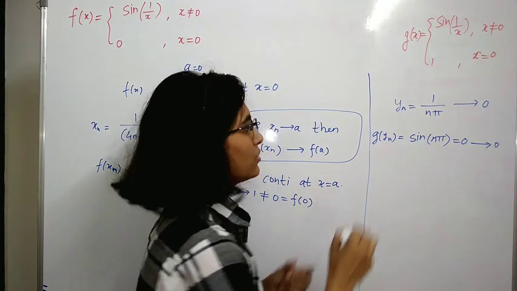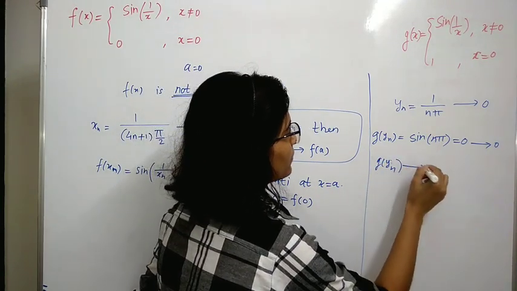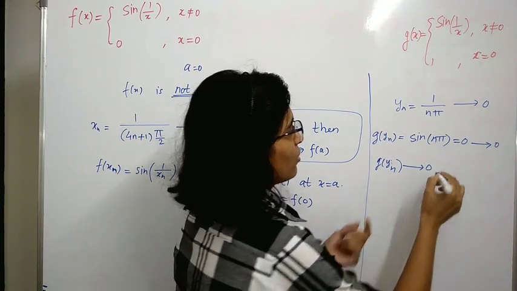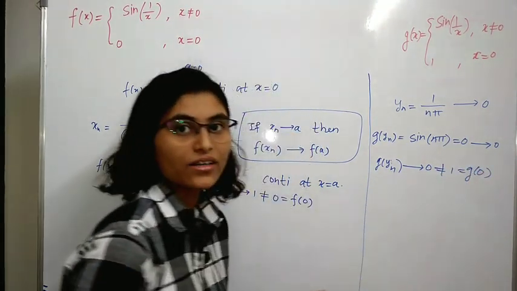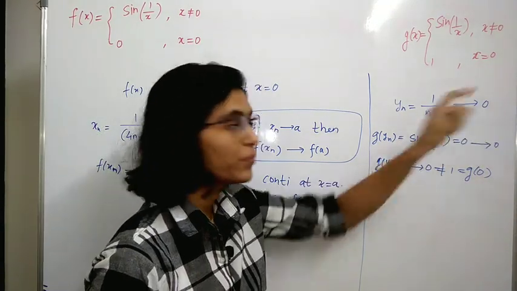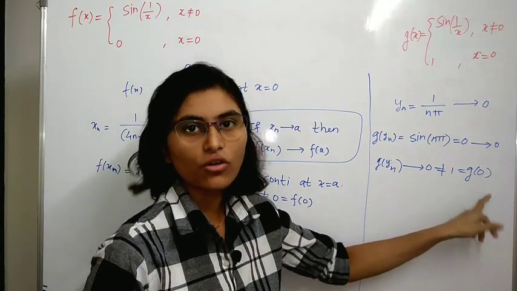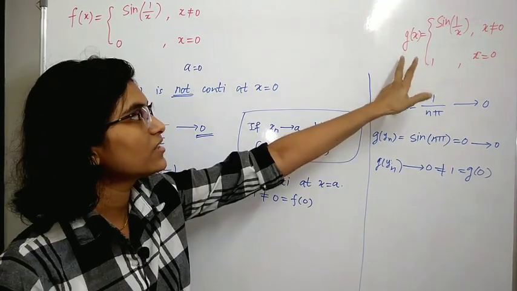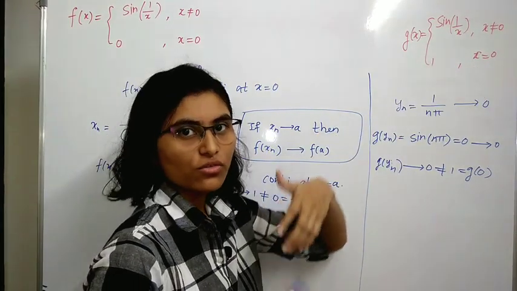Now g of yn converges to 0, and clearly this is not equal to 1, which is g of 0. So we have a sequence yn converges to 0, but g of yn does not converge to g of 0. So here the function is not continuous at x is equal to 0.